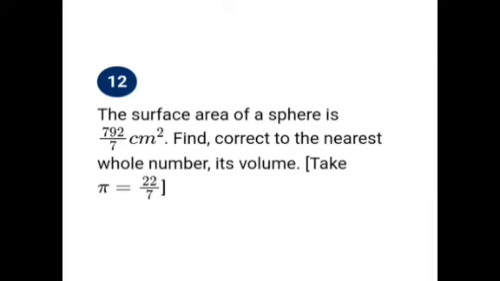Number 12. The surface area of a sphere is 792/7 centimeters squared. Find, correct to the nearest whole number, its volume. Take pi equal to 22/7.